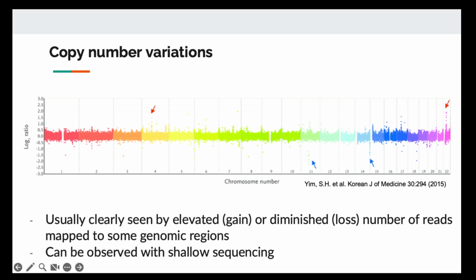So you're not going to get more reads randomly scattered throughout. You're going to get more reads specifically in every consecutive region in that part of the genome.